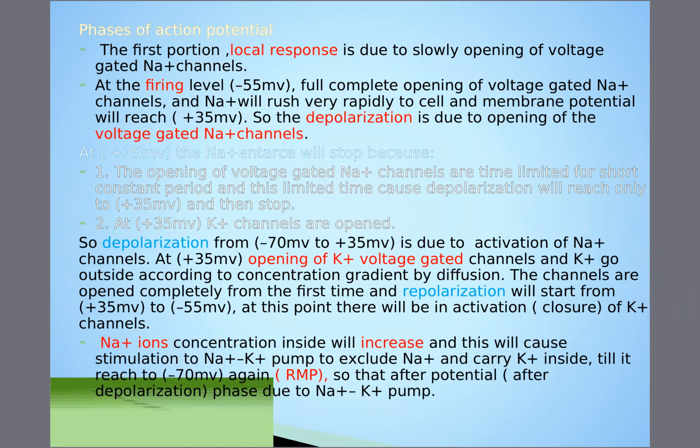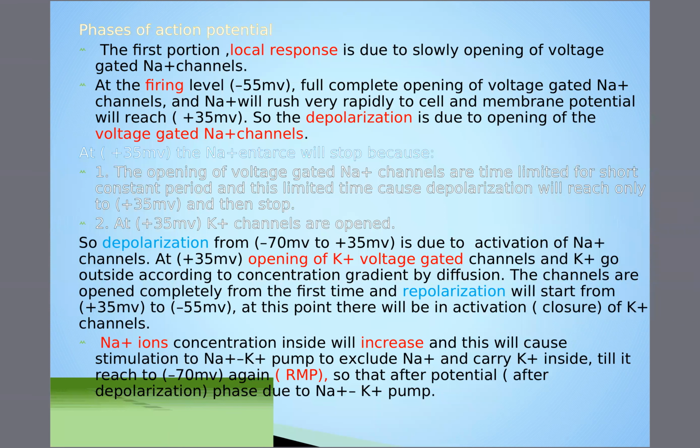The opening of the voltage-gated sodium channels is time limited to a short, constant period, and this time limit causes depolarization to reach only about positive 35 millivolts, and then the channels are closed. At this level, potassium channels are open. So when we ask why the depolarization stops at a certain time, we say the reason is that the potassium channels begin to open as it reaches positive 35, and at the same time the sodium channel will be closed and the entrance of sodium will be stopped.